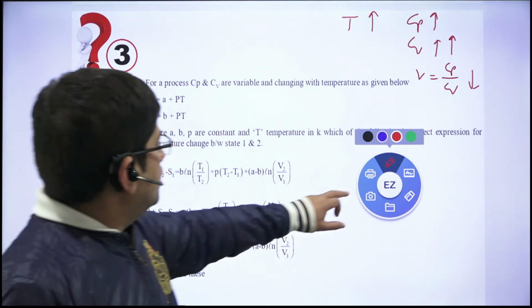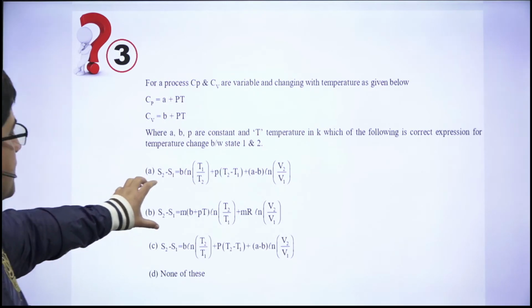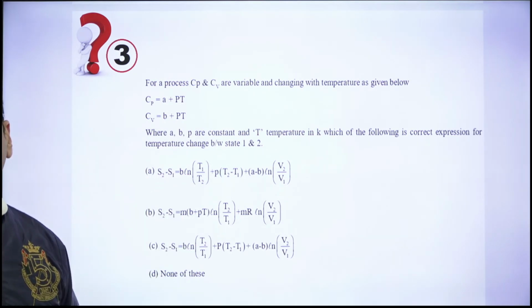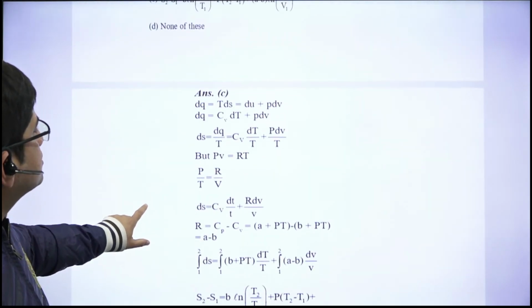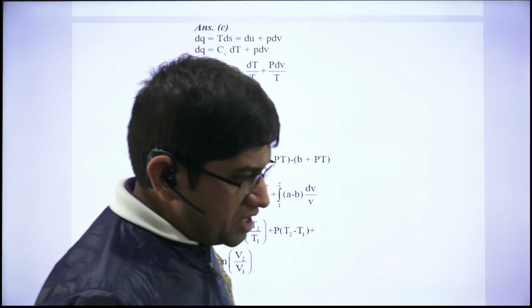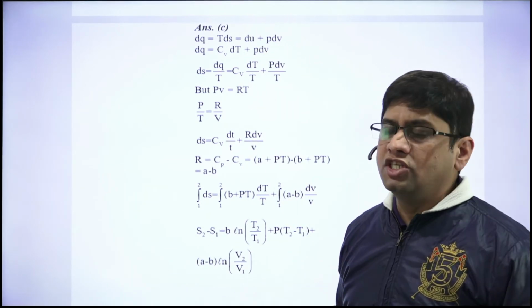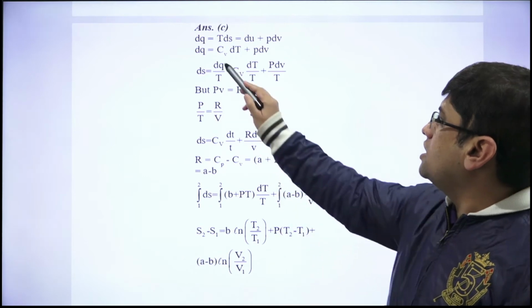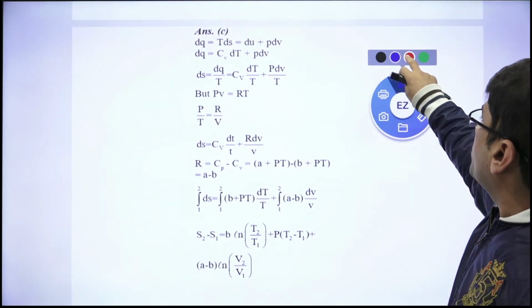Okay, now he has given you this particular thing, and now he says which one is the correct expression of S2 minus S1. So all we need to do is little integration and analysis. What is dq? dq is equal to TdS, that is the second law, and TdS as per our first law is du plus pdv. So let's write dq is equal to, du can always be written as Cv dT plus pdv.